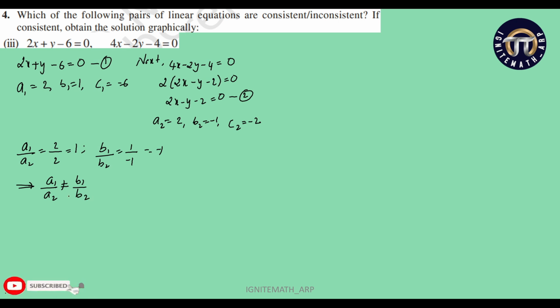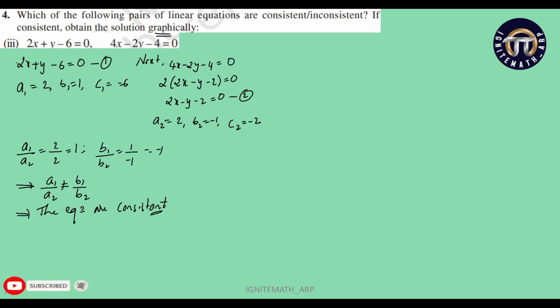So it is a unique solution. If the equations have a unique solution, they are consistent. So the equations are consistent. If they are consistent, I need to solve them graphically. Clear, children? So my task is to find the solution graphically.